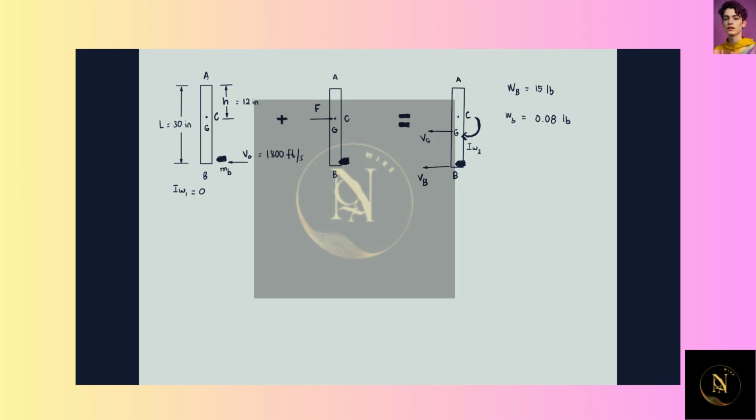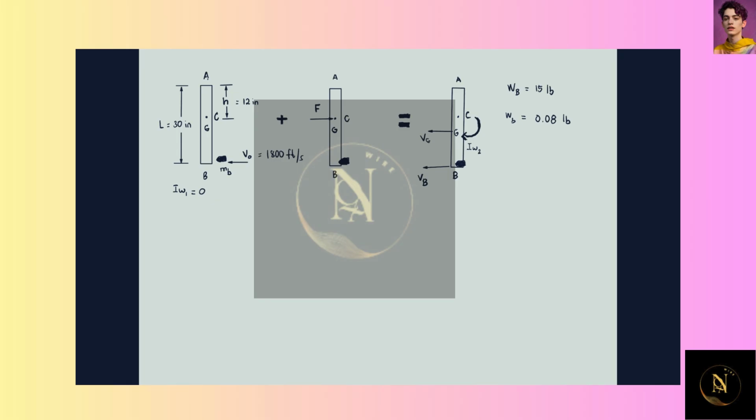Now for the last part, when the bullet is embedded, it causes the bar to rotate with point C as the pivot point, giving it a non-zero angular momentum I omega 2.